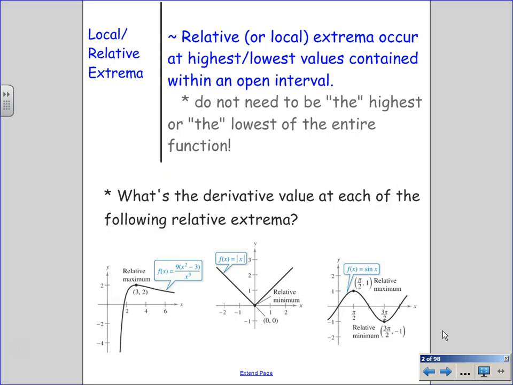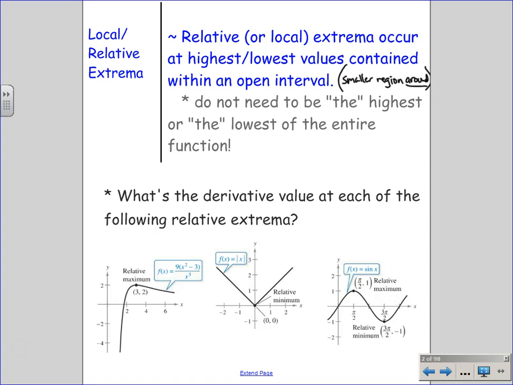Just has to be true for the region right around it. Absolute has to be true absolutely for the entire thing of whatever is given to you. So relative or local extrema occur at the highest or lowest values contained within an open interval. And you could say contained within, if it helps, a smaller region around the point.